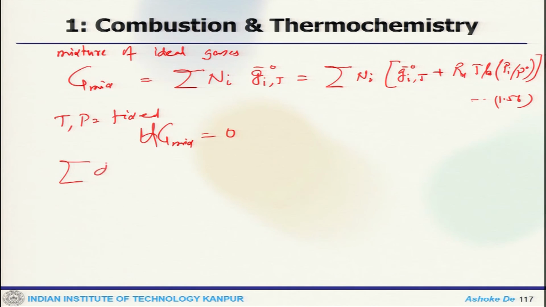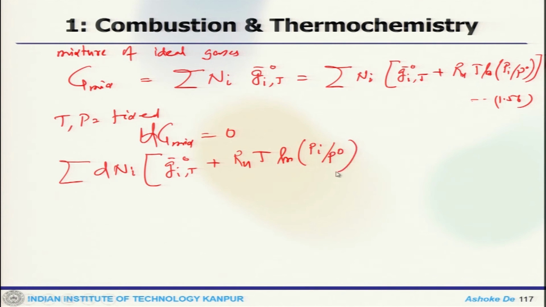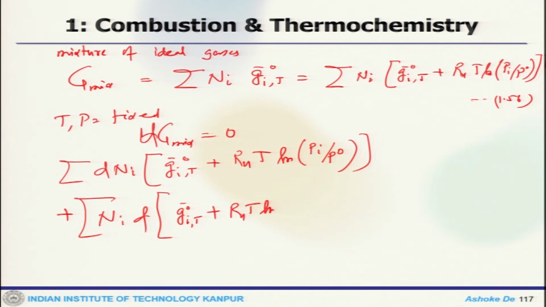So, that is d Ni times Gi 0 at T plus Ru T ln Pi by P naught, plus summation of Ni d of Gi at T plus Ru T ln Pi by P naught.